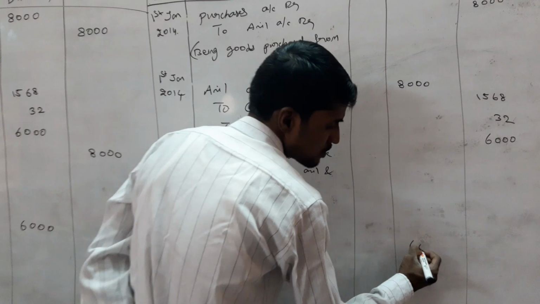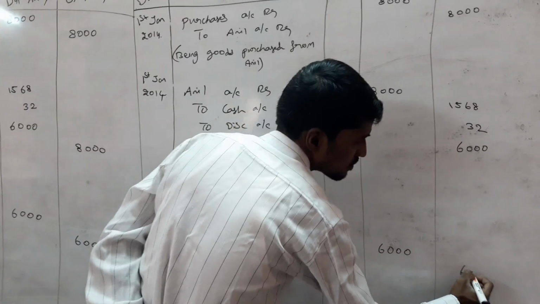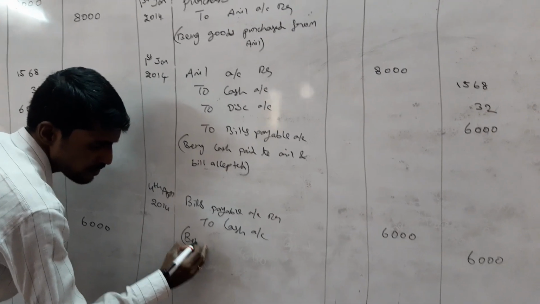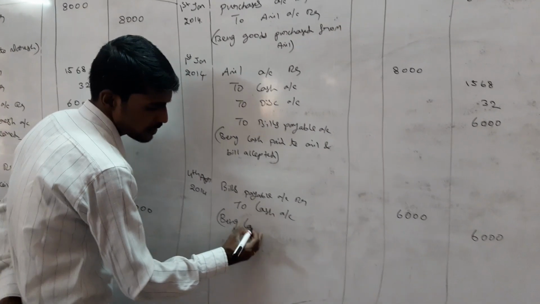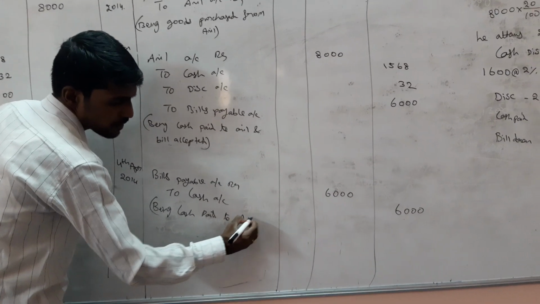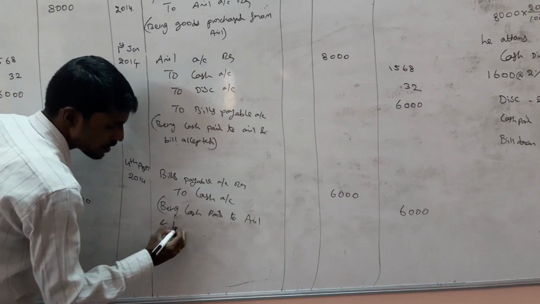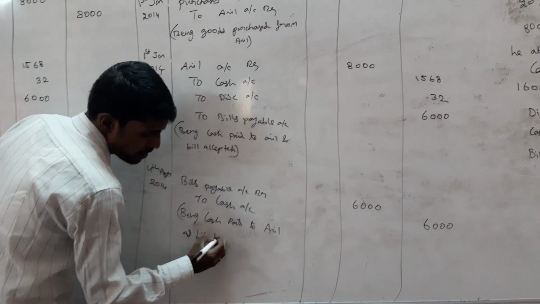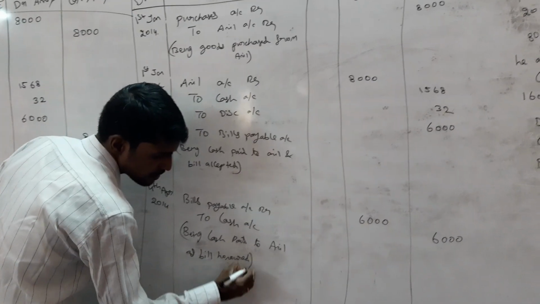How much is he paying? He is paying 6000 rupees here. So we write the narration: being cash paid to Anil and bill honored.